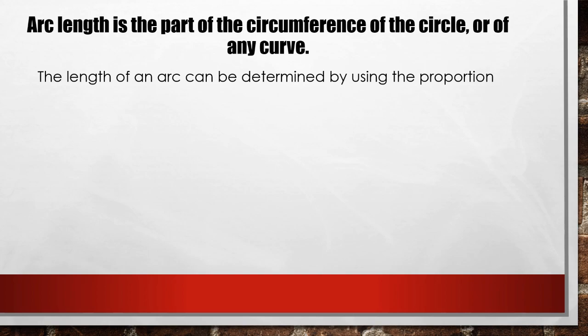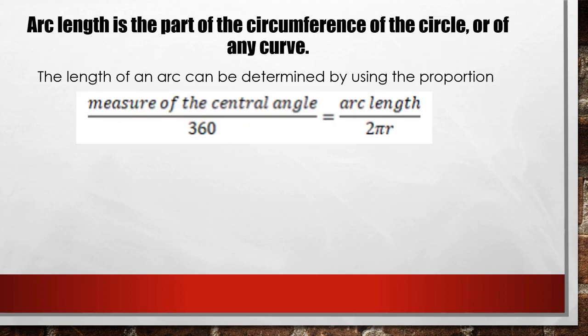So, the length of an arc can be determined by using the proportion, the measure of the central angle over 360 is equal to arc length over 2 pi r. Yung 2 pi r, diba, sa circumference of a circle, laging it's equivalent to 2 pi r.